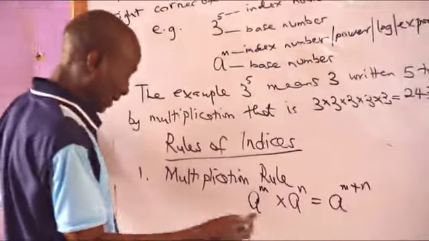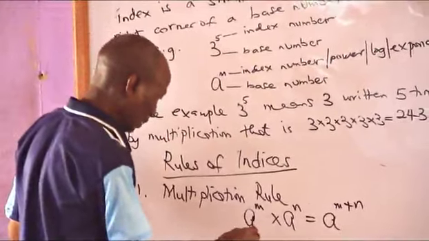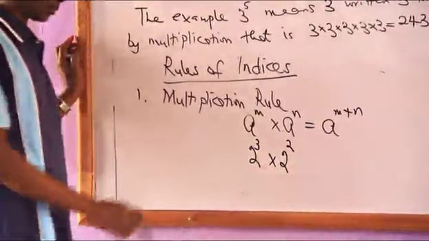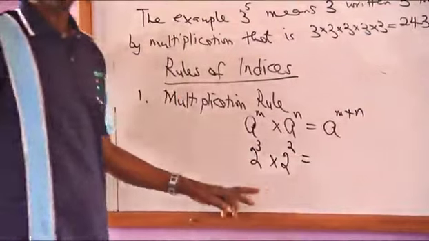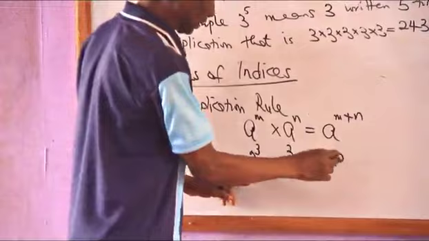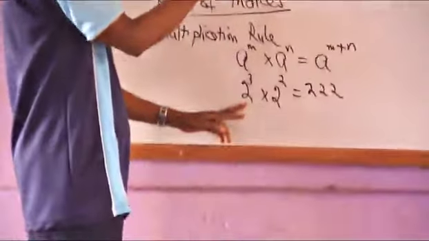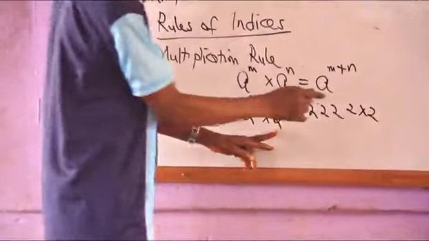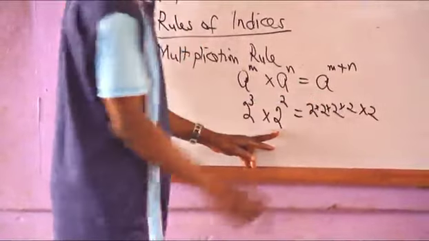Now, if I take a figure, say 2 raised to power 3 times 2 raised to power 2. Through the long process, 2 raised to power 3 means 2 in 3 places, like I've explained with 3 to the power 5, then 2 in 2 places by multiplication.